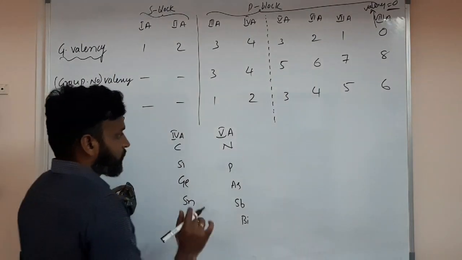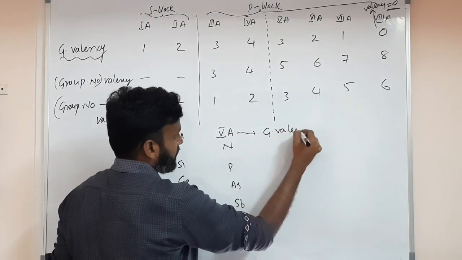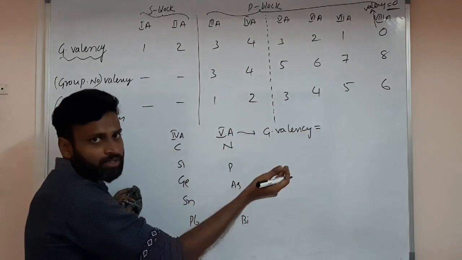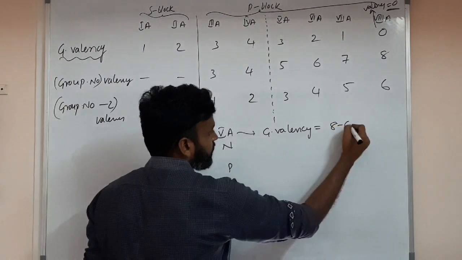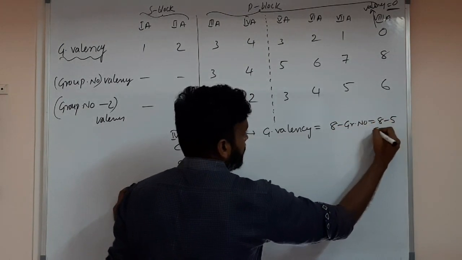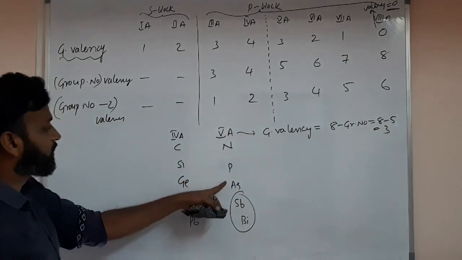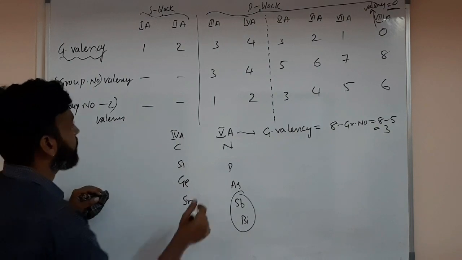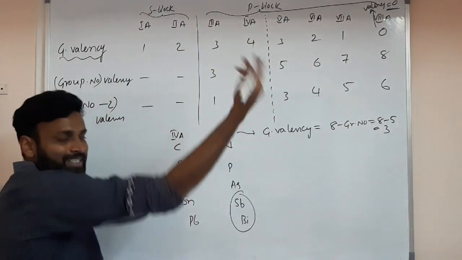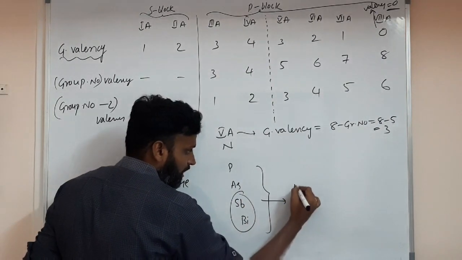So for this 5A group, what is the general valency? General valency means 8 minus group number, so 8 minus 5 is 3. But the bottom elements, including arsenic and also phosphorus, sometimes in the excited state exhibit two more valencies.